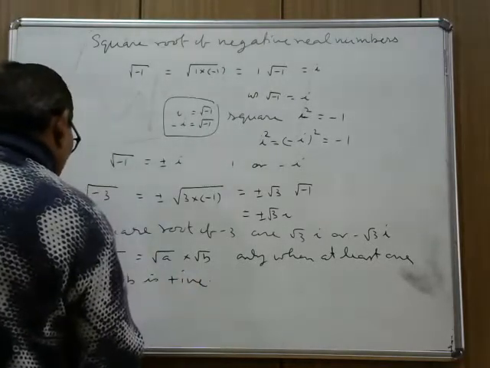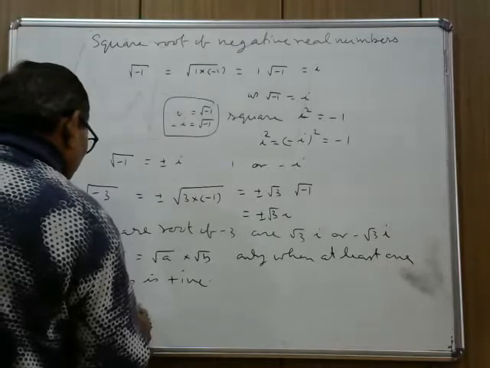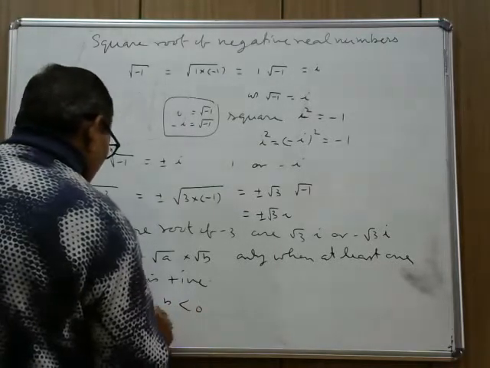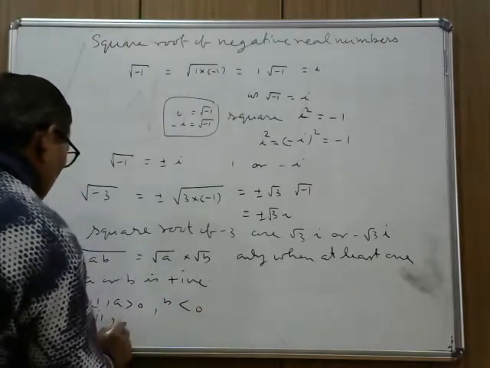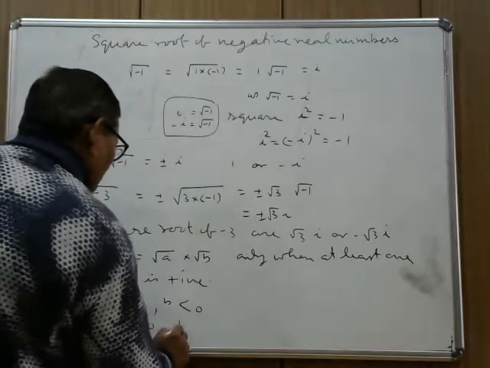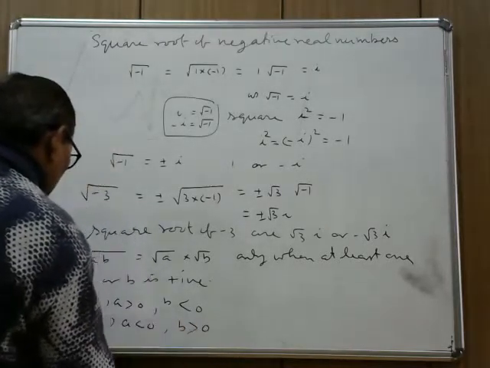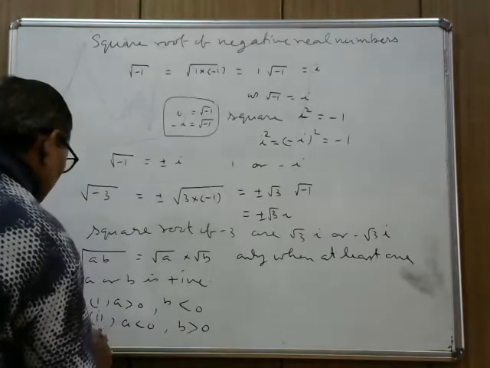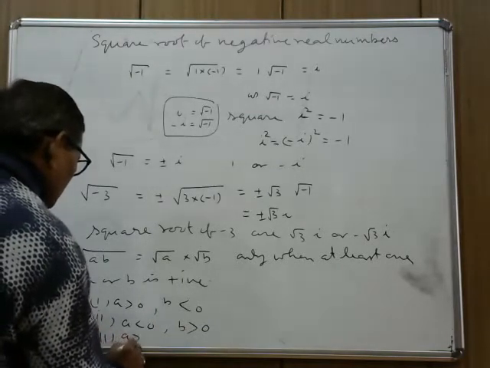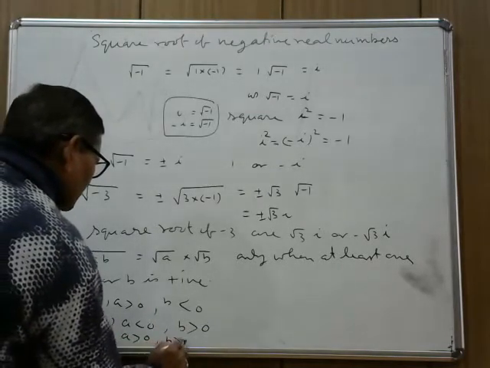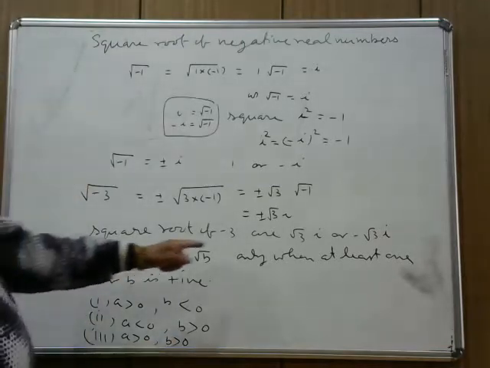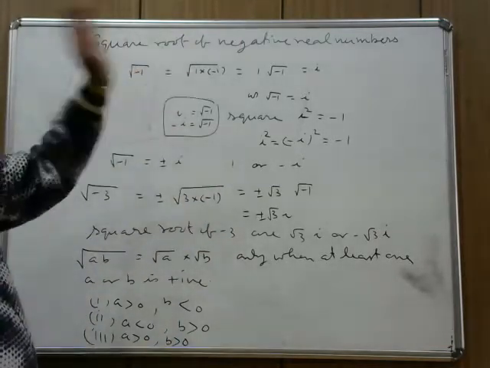That is, number 1, A is greater than 0, B is less than 0. Second, A is less than 0, B is greater than 0. Third, both are positive, A is greater than 0, B is greater than 0. Only then you can write this result.